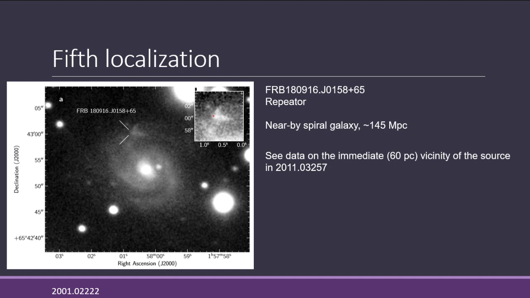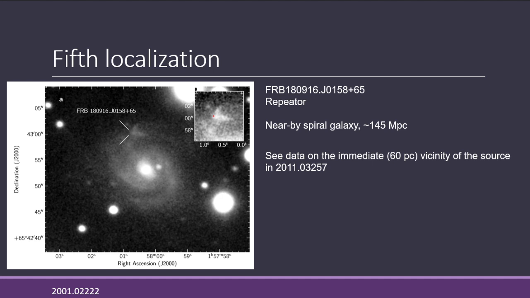This system of radio telescopes is similar to VLA, and it can identify positions of non-repeating sources with high precision. A few other instruments also can do it, so it's quite important.